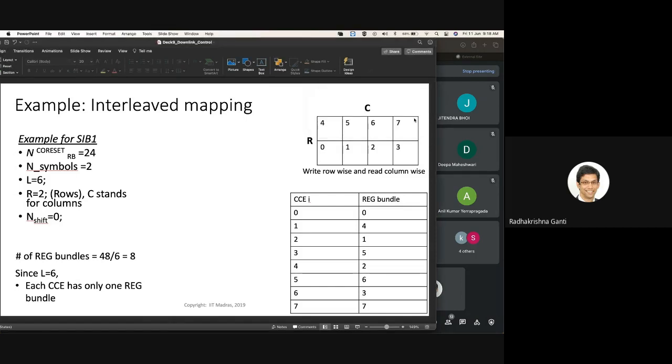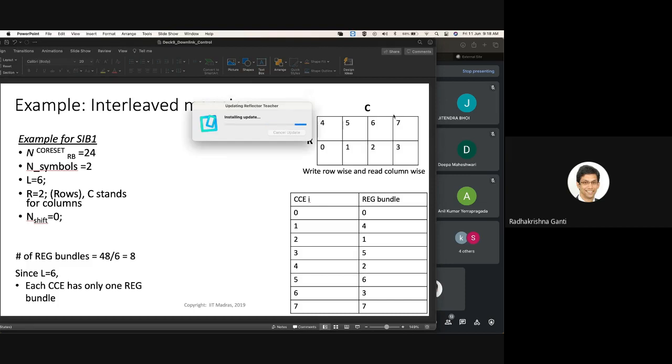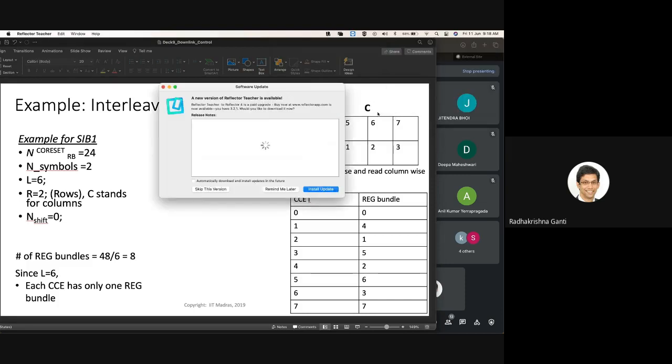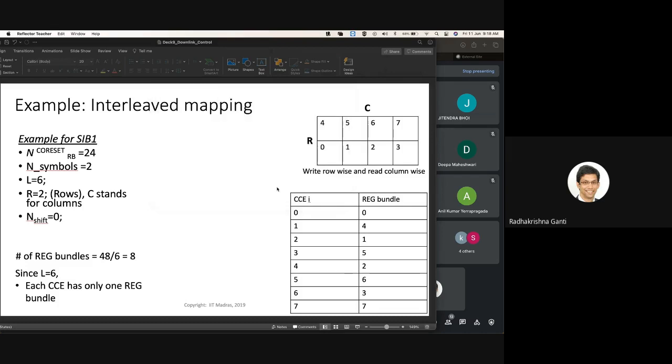Just hold on one minute, please. Something happened and the software crashed.